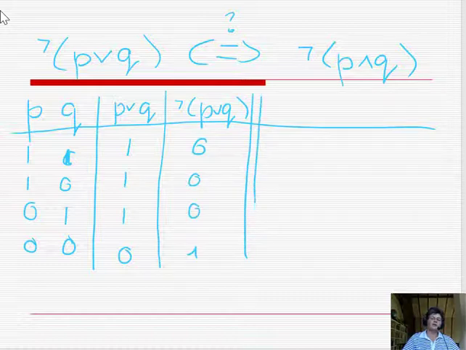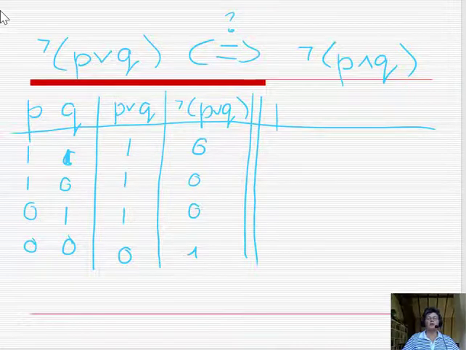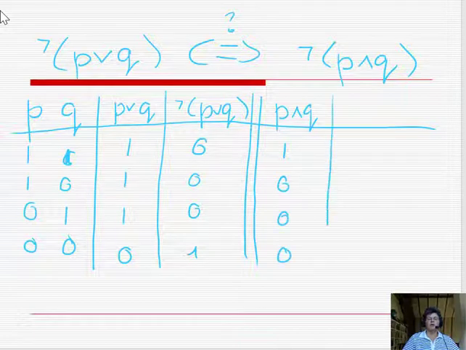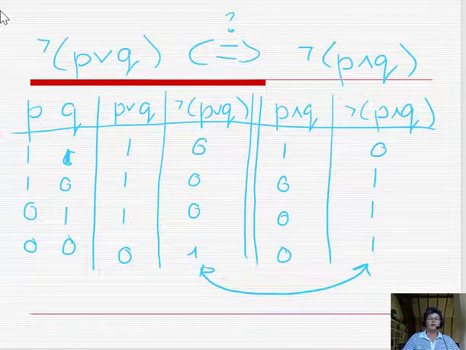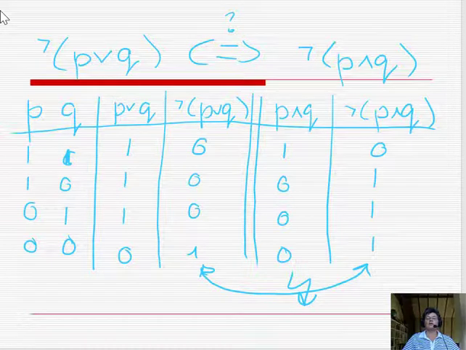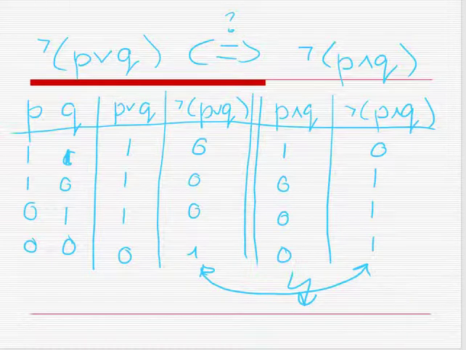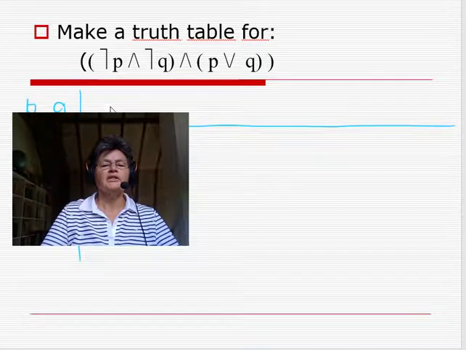Okay, that's it. So let's do the right part. So we start with P and Q, which gives us 1, 0, 0, 0. And then we negate that one, not (P and Q). So that would be 0, 1, 1, 1. Now, if we compare those two columns, then they're definitely not the same. So they're not equivalent.